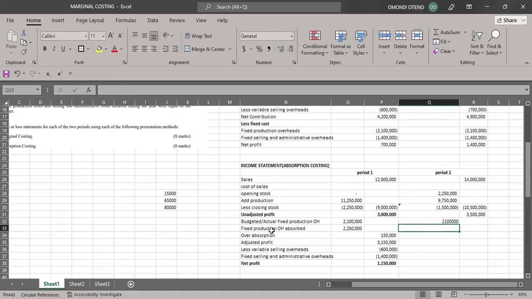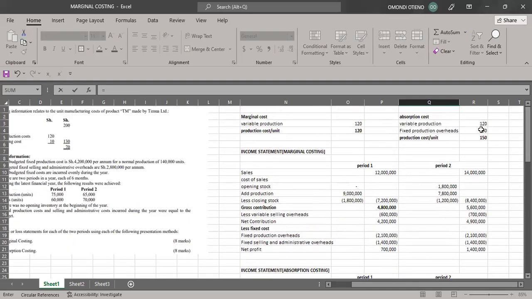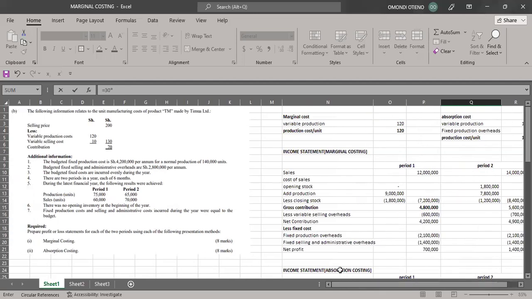Then we compare with the fixed production overheads absorbed. The fixed production overhead per unit is 30, and we multiply by units produced, which is 65,000.